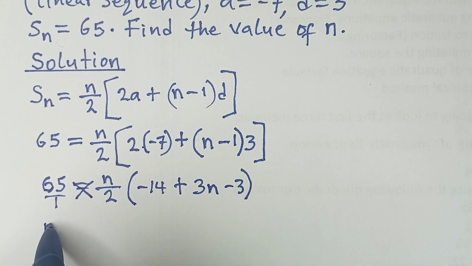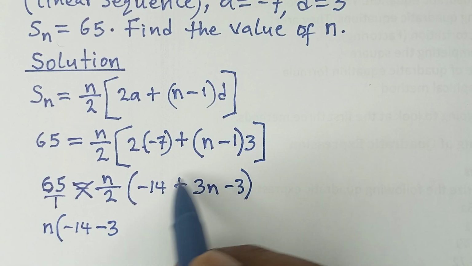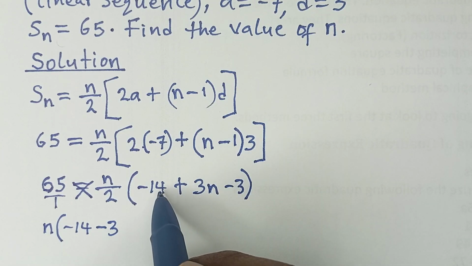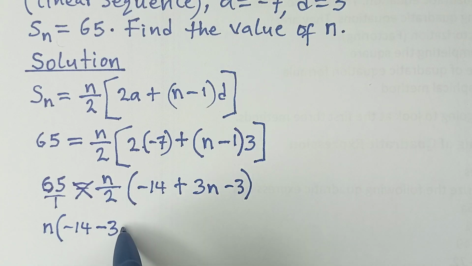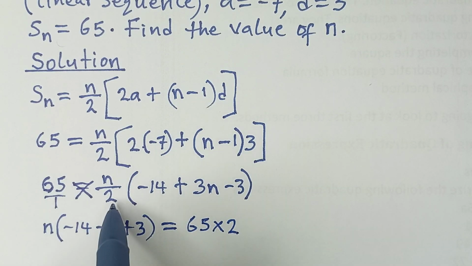That gives me n bracket open, -14 minus 3. This -3, I brought it closer to the -14 because they are like terms, and then plus 3n, and that will be equal to 65 multiplied by 2. This 65 is multiplying the denominator here, which is 2.